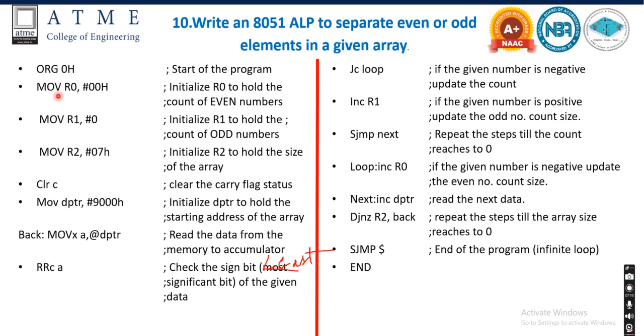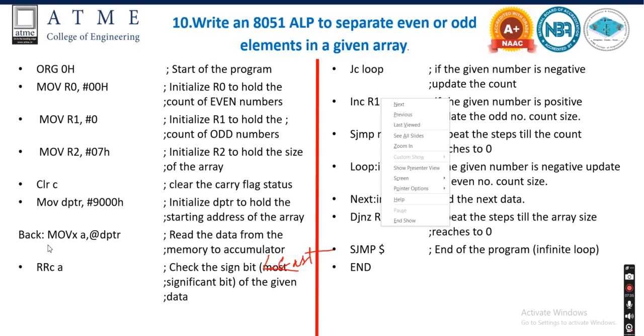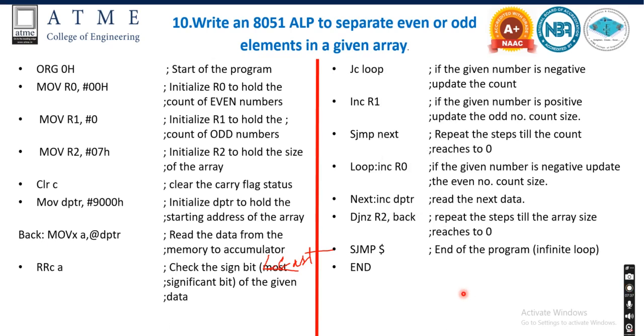After processing all elements in the array, that is when R2 equals 0, the program ends. If R2 is not equal to 0, it will continue to segregate the odd and even numbers.